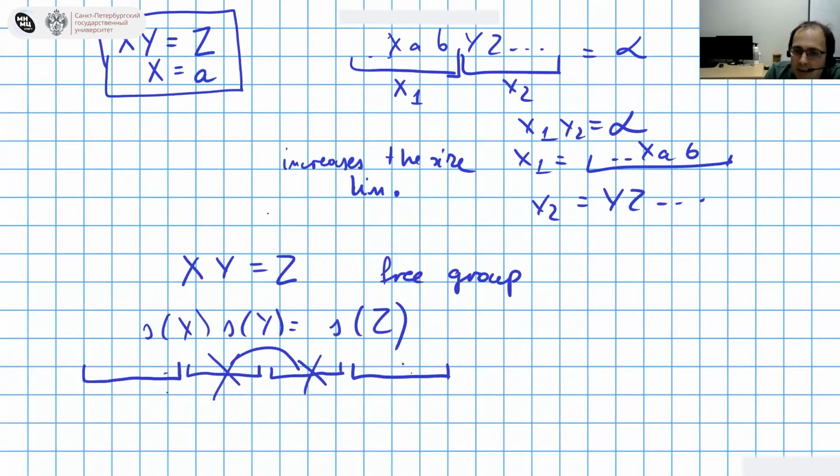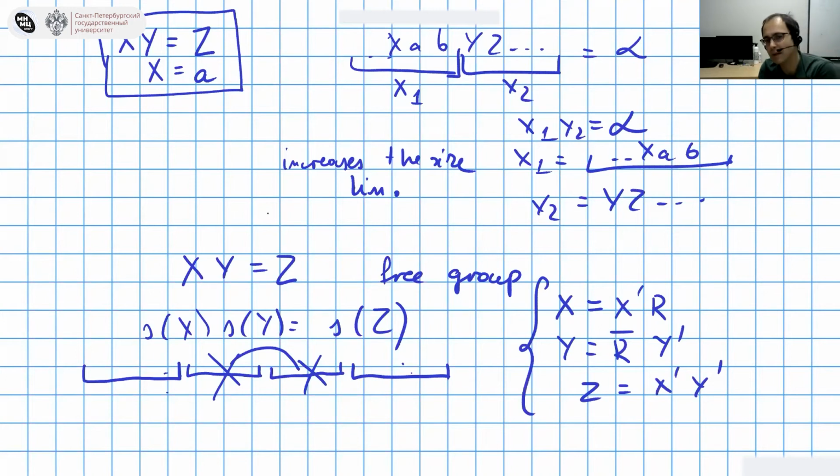So we add extra equations that x is equal to x' r, y is equal to r involution y', and that z is equal to x' y'.